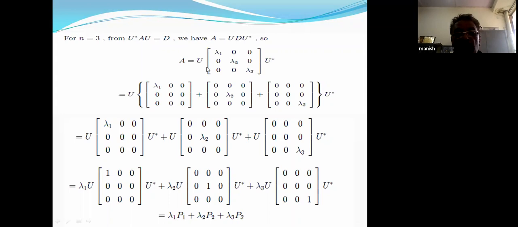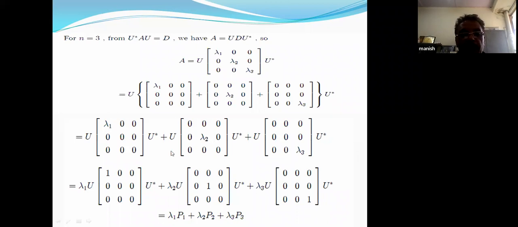And D is diagonal, so A can be written as U times the diagonal matrix of eigenvalues, then U star. Also now write this matrix as a sum of matrices: lambda 1 with the others 0, then in the second entry lambda 2 with the others 0, then lambda 3 with the others 0. So now take U star inside.